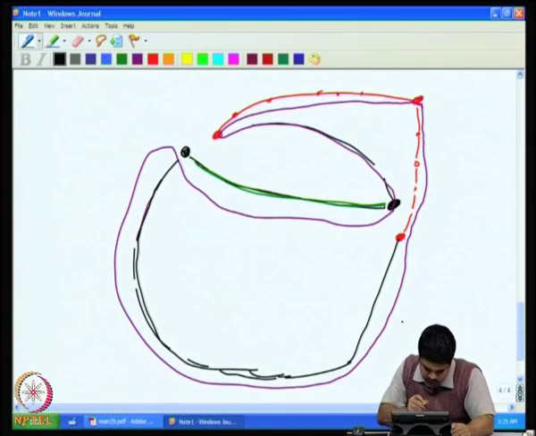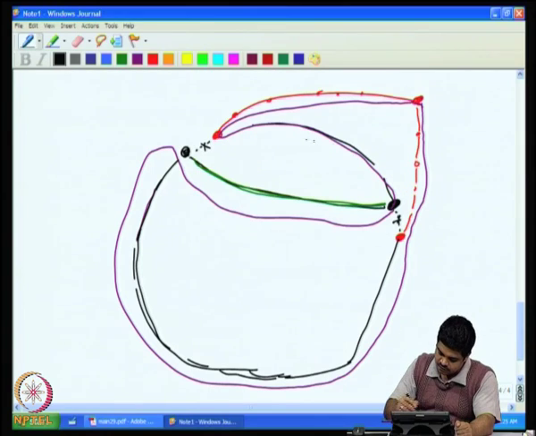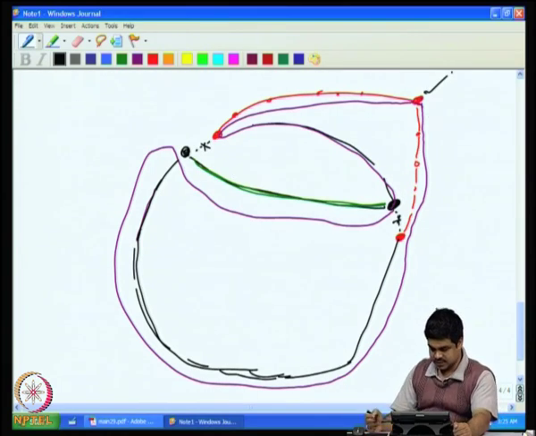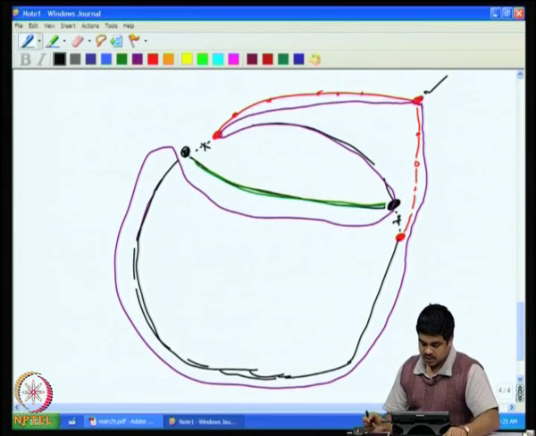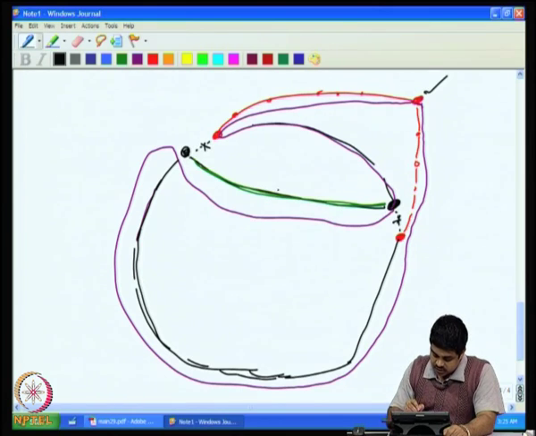So, earlier this was the cycle. Now, we removed these two edges, and using this connection we could complete the cycle like this, including the outer vertex. That was the trick.